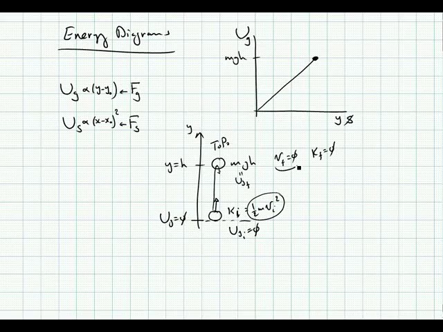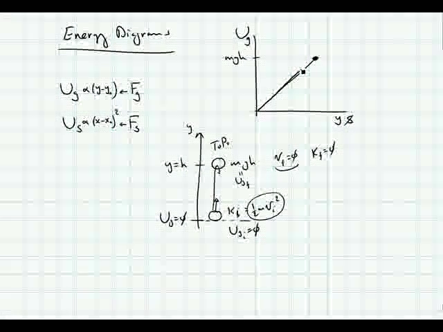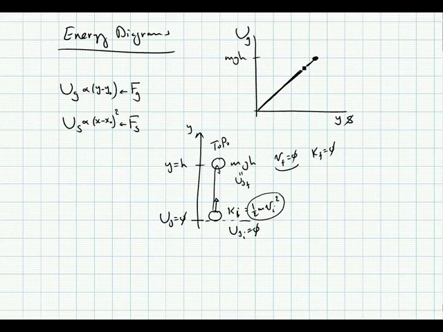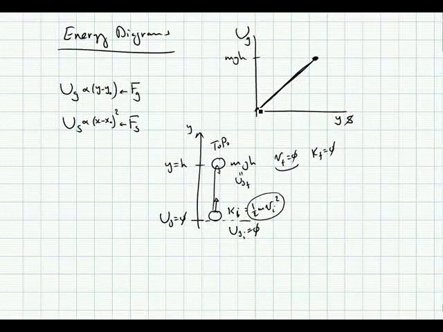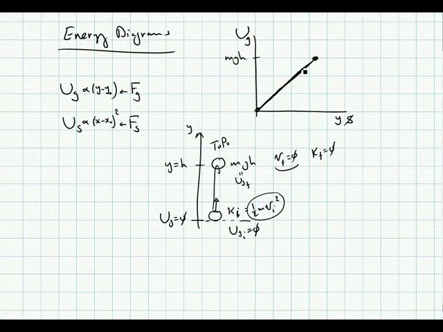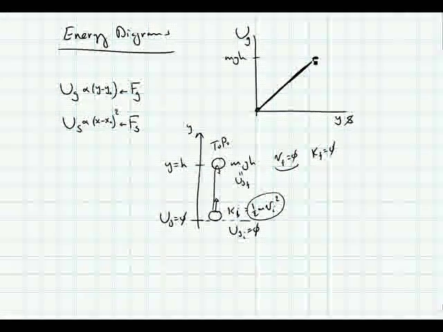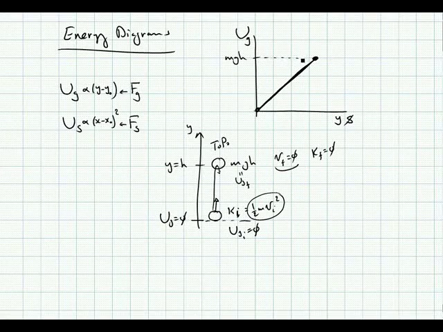So if we plot UG, gravitational potential energy, versus position y for this object, we end up with the straight line that I have up here. Notice that the object starts at 0 potential energy, and as it goes up along the y-axis it gains gravitational potential energy till it reaches its maximum level, after which the object turns around, and as it falls back to the ground, it relinquishes its gravitational potential energy till it's back to 0 again.